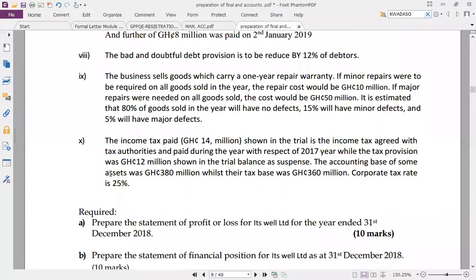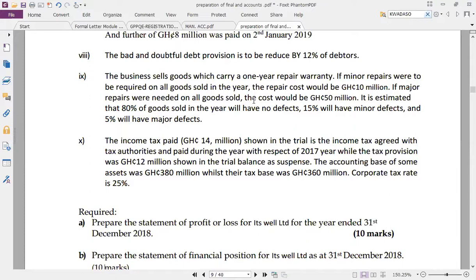If major repairs were needed on all goods sold, the cost would be 50 million.